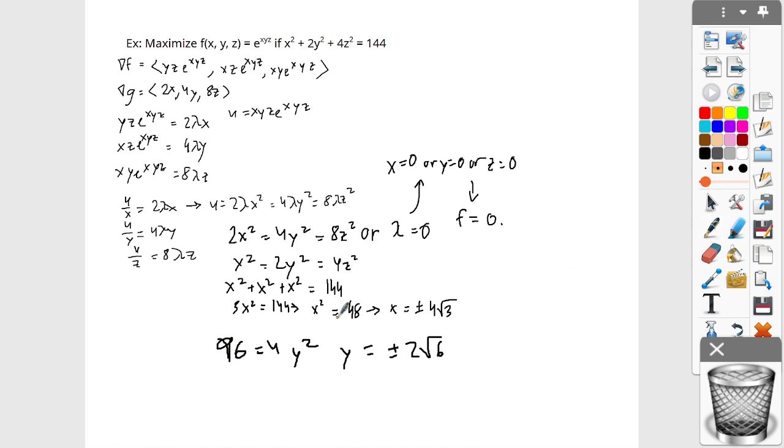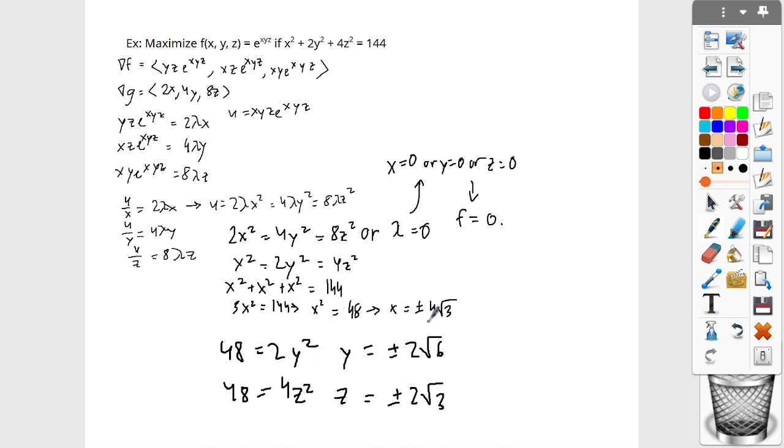So this is supposed to be 48 is equal to 2y squared, which still gives me the same answer. No, 48. And then 48 is equal to 4z squared. So z is what? Z is plus or minus 2 root 3.